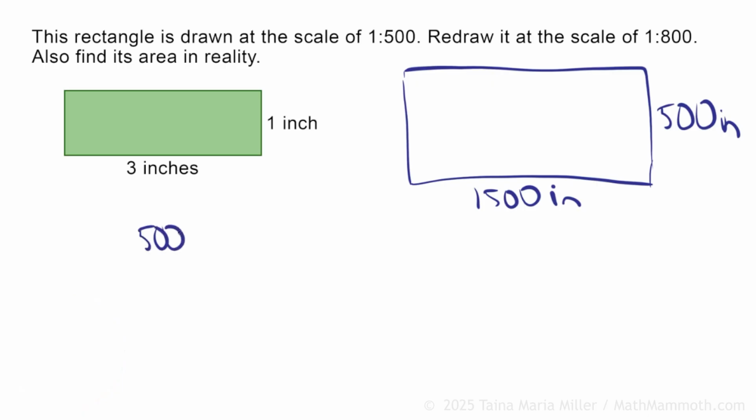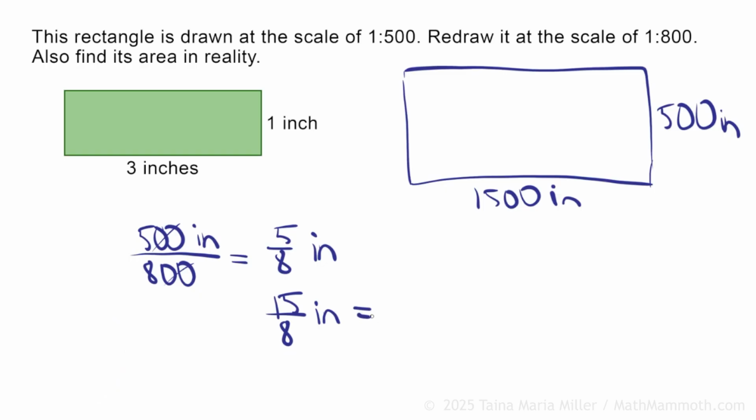So we take 500 inches in reality, divide by 800, cancel out and get 5/8 of an inch. And then 1500 inches, well, it will be 3 times this, right? Just like here, 1 and 3. The longer side is 3 times that. The longest side is 15/8 inches, which is almost 2 inches. 1 7/8 of an inch.